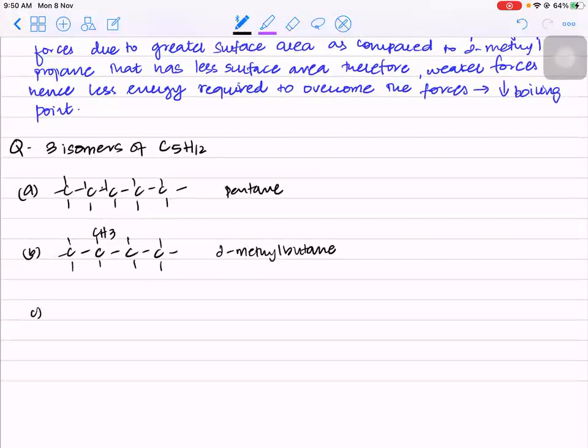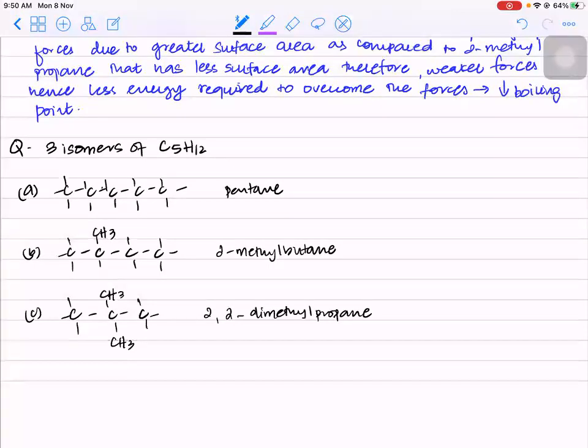And then we have the third one, which is 2,2-dimethyl propane. Let me give you these three isomers. 2,2-dimethyl propane. They are all C5H12. If I ask you which will have the strongest intermolecular force or the highest boiling point, and which will have the least, A will have the highest boiling point, then B, and then C. Why? Because this has the greatest surface area, then this, and then this has the least.